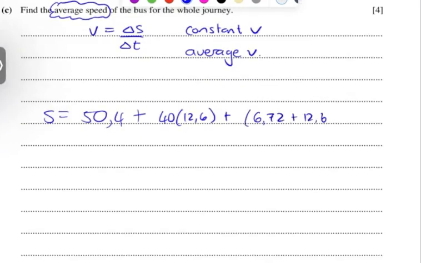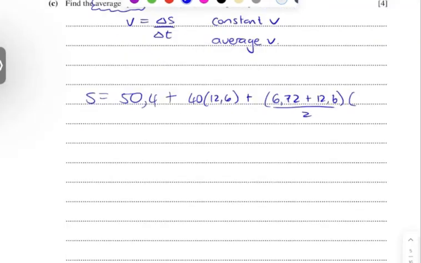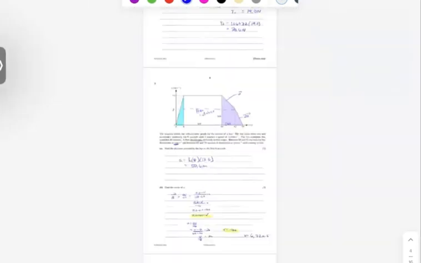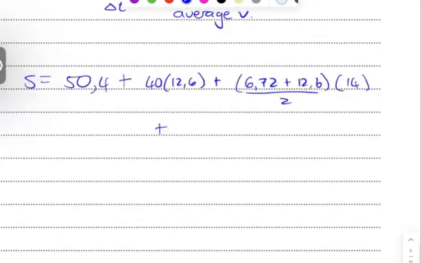Okay, so for a trapezium, you add up your lengths, divide it by 2, and then multiply it by your height, which in this case was 14. And then my last triangle is a half base times height. So that's a half times 8, my base, and then my height was again the 6.72. Okay, so that's my total distance.